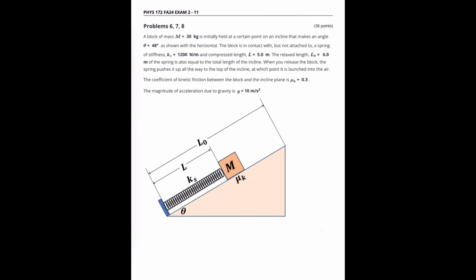So in this problem, we're going to say that the system is the block plus the earth plus the spring, and the surrounding is the ramp. And you will see this in problem 6 when you are asked to identify which one is correct.